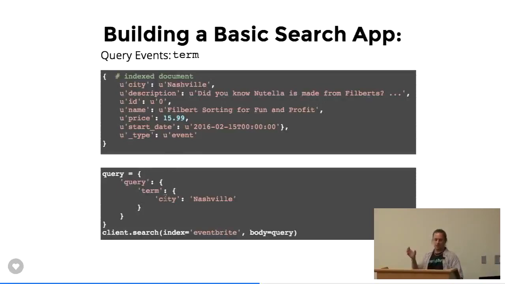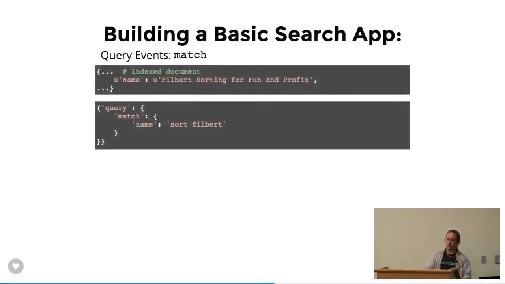If I wanted to make a filter over all the documents and only hit documents corresponding to the city Nashville, then that's a term query. I say this is term, the field is city, the token is Nashville. The special thing about a term query is, just like earlier where I said not analyzed, term means that this is just a token. It has to be capital Nashville. Doesn't do anything special. And so that's a match.